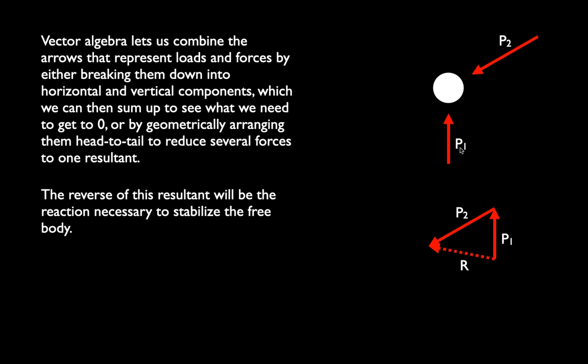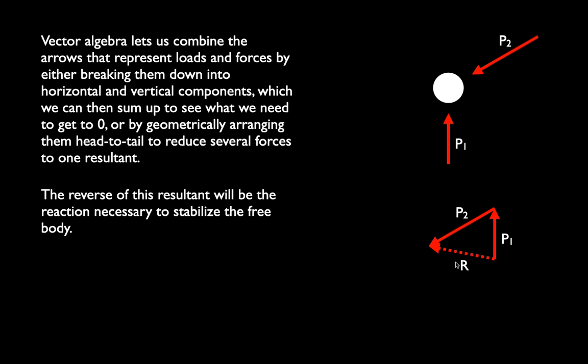So note that P1 and P2 have opposite senses in the vertical direction, in the y direction. So the resultant is actually going to be somewhere between the vertical component of P1 and the vertical component of P2, right? See how it splits the difference? Notice too that P2 has a horizontal component in the x direction, and P1 has no horizontal component.